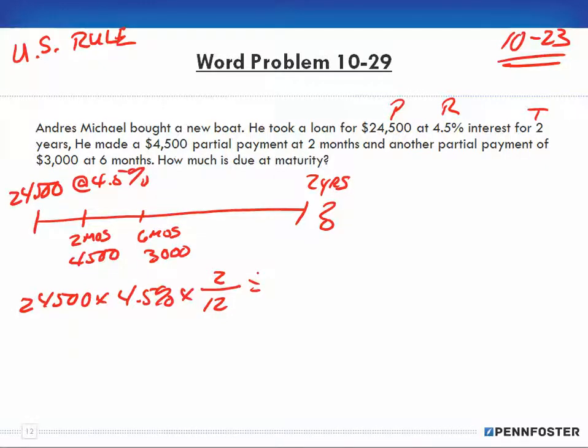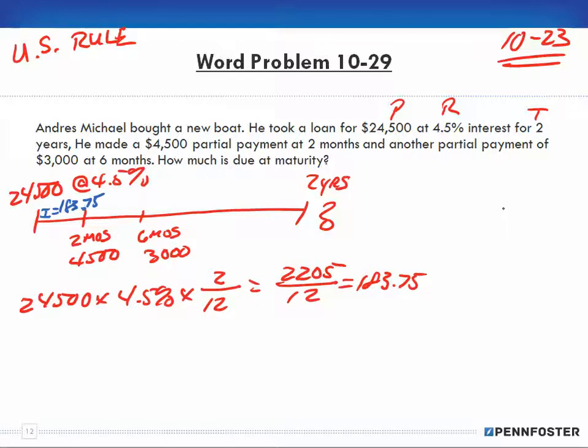24,500 times 0.045, that's 4.5%, times 2. That gives me 2205 over 12. I divide by 12, and I end up with interest of 183.75. So my interest in this period of time, the 2 months, is 183.75.